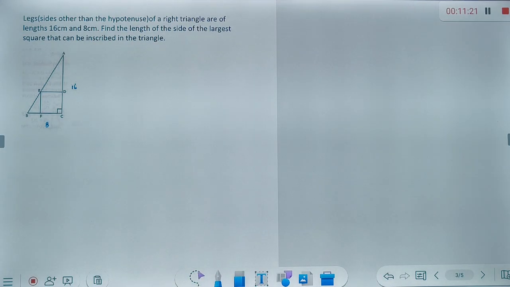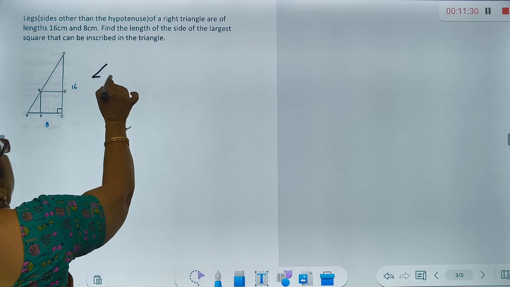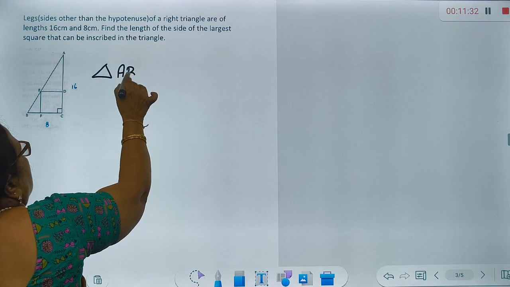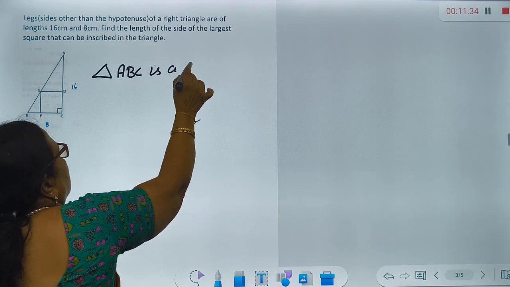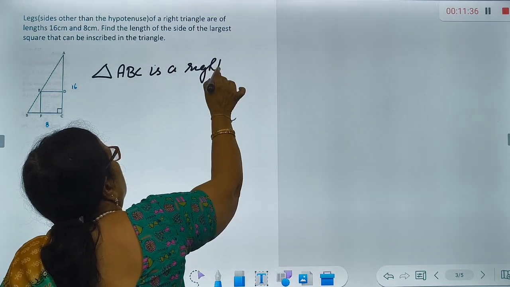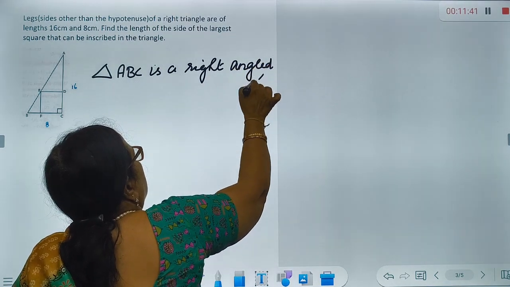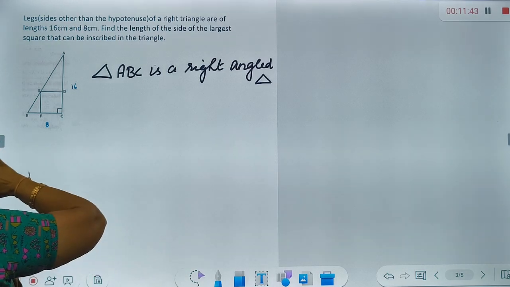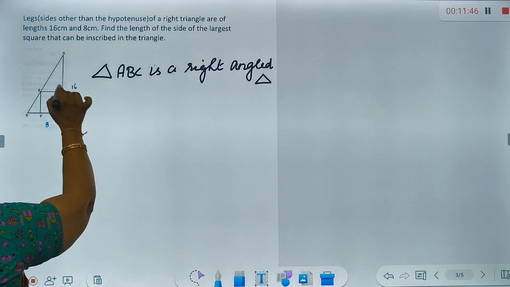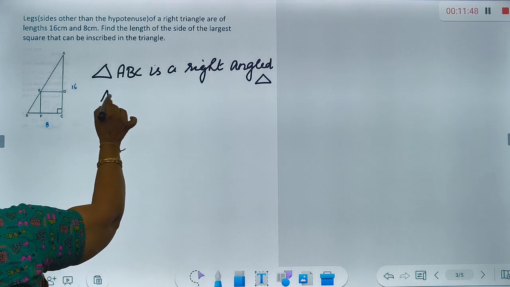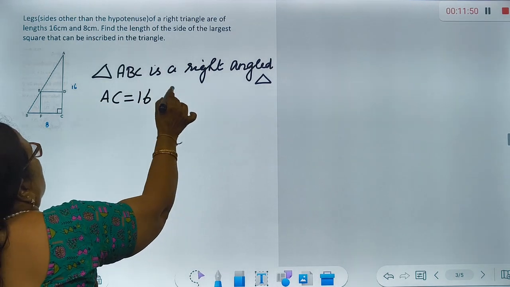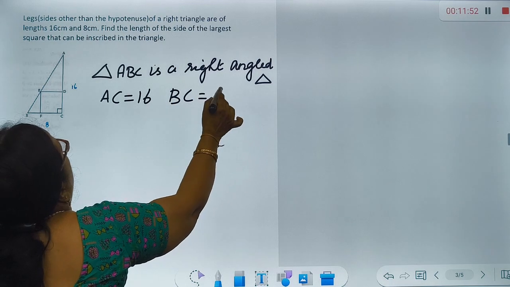Now, you are given that the legs, the sides other than the hypotenuse, of a right angle triangle are of length 16 and 8. So triangle ABC is a right angle triangle. AC is 16, BC is 8 centimeters.